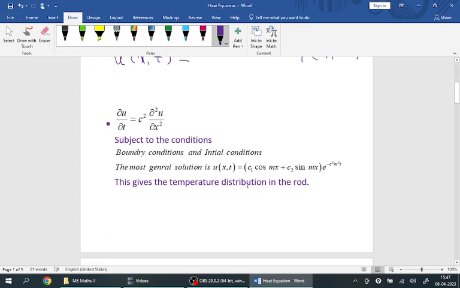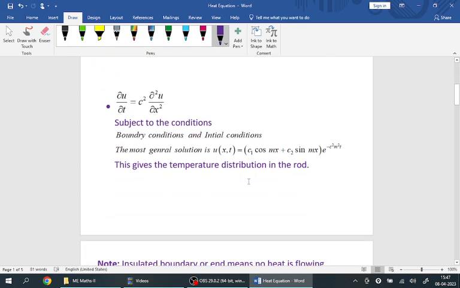Now come to the differential equation. This is the differential equation of one-dimensional heat flow. Remember, in the differential equation of one-dimensional heat flow, we have dou u by dou t is equal to c square dou 2u by dou x square, and in the wave equation we have dou 2u by dou t square is equal to c square dou 2u by dou x square; you can take c square on either side, so you can adjust that.